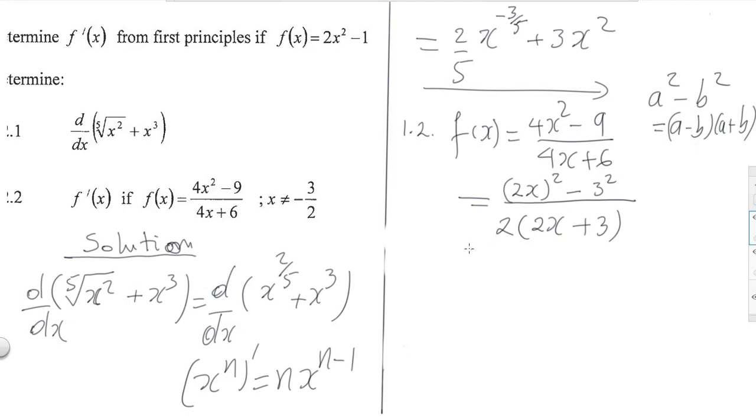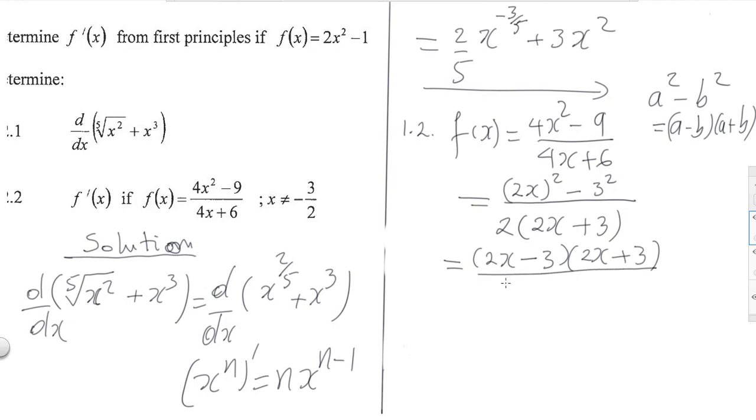So if I can use this formula now, I will have 2x, because this is A, this is B. So your A is 2x, your B is 3, so we have A minus B, and then A plus B, which is 2x plus 3.